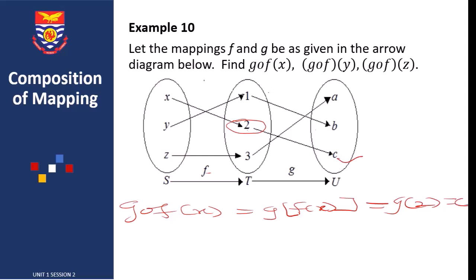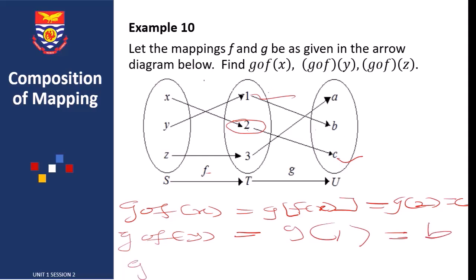Similarly, you can also find g of f of y. Look at the diagram: y maps to 1, so g of 1 equals b. Similarly, g of f of z.